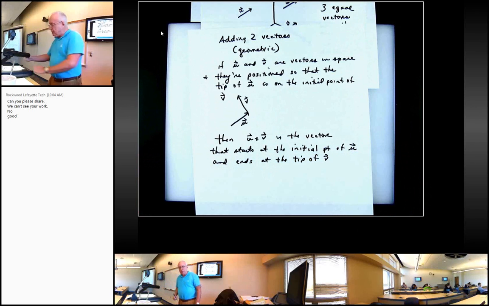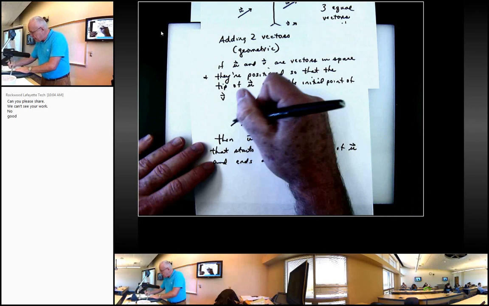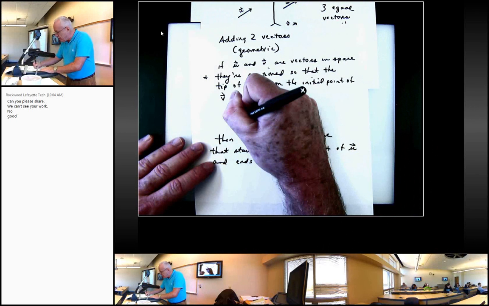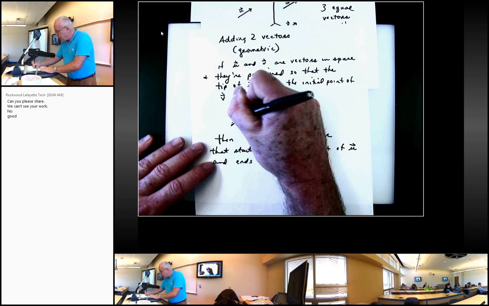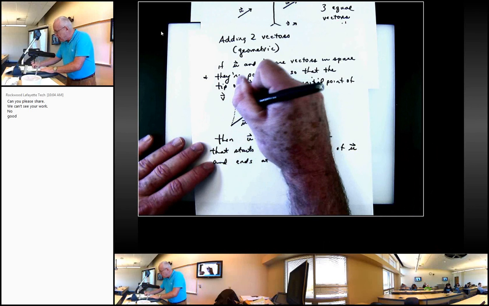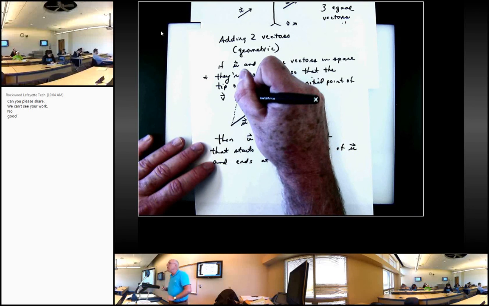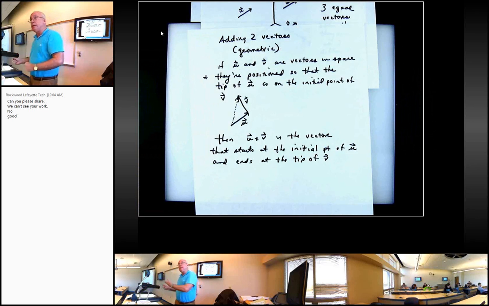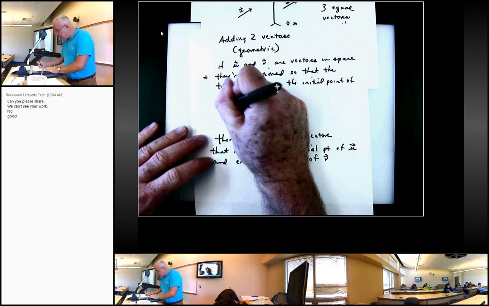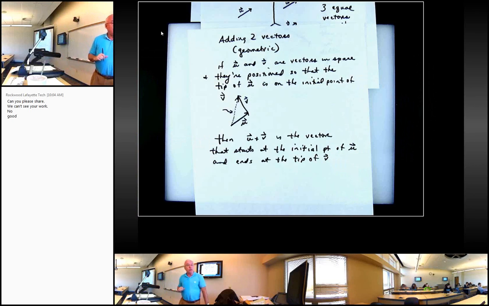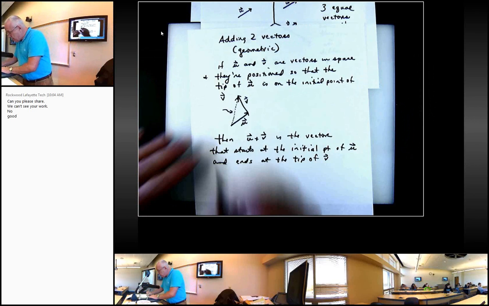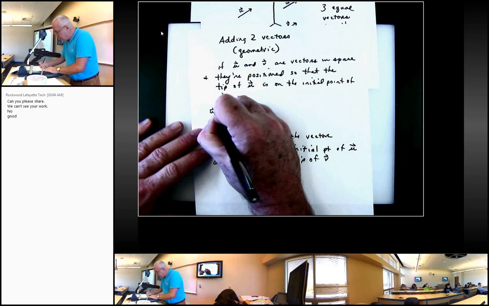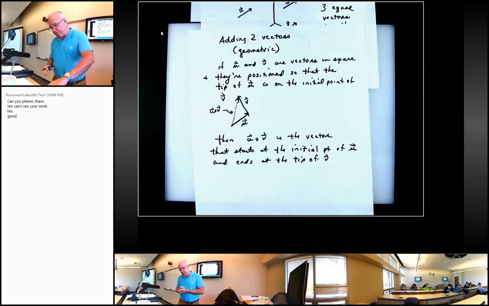So basically like this, adding these two together, we just start at the initial point of the one and end at the terminal point of the other. Okay? This is geometrically. And so this vector right here is u plus v, adding the two together.